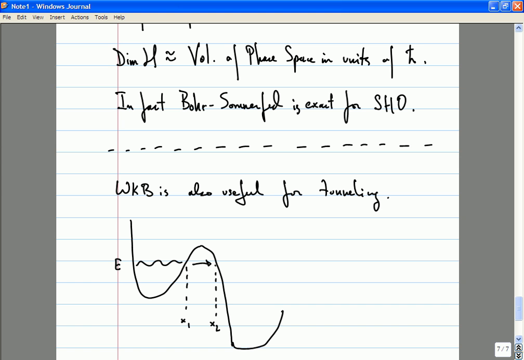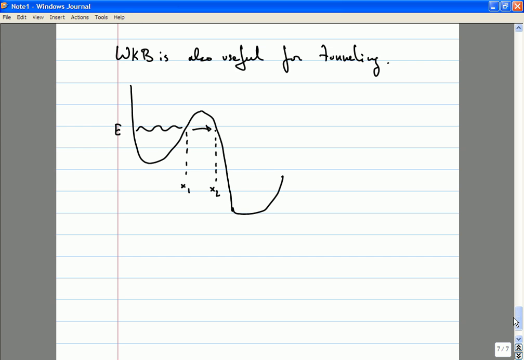So, again, I could use the WKB approximation to compare the values of the wave function on either side of this potential barrier. And again, the WKB approximation will fail very close to the turning points.